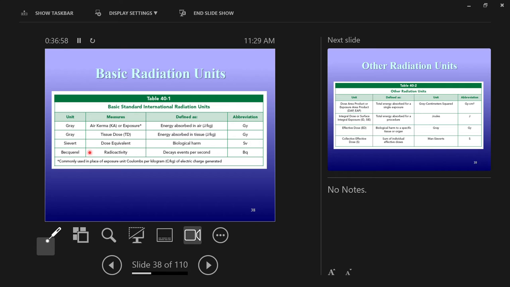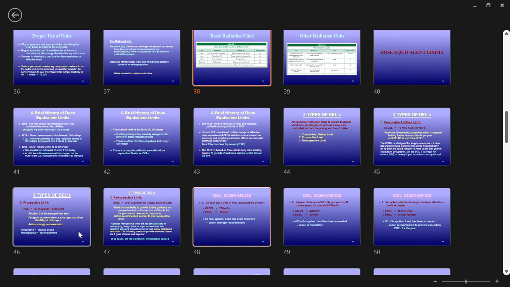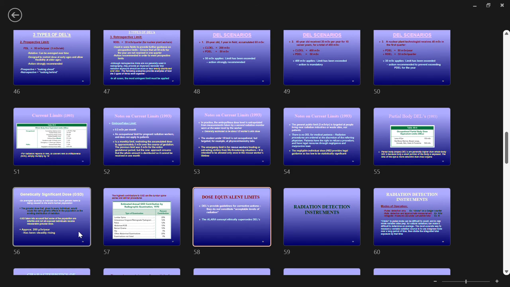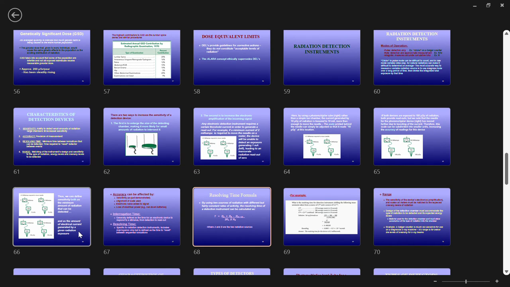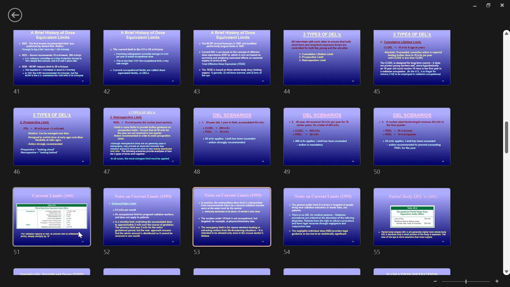The becquerel, used for radioactivity, gives us a rate: how many events are happening per second? So we've got our units of measure now. The gray and the sievert are the primary ones. If we talk specifically about radioactivity, alpha, beta, or gamma, we can use the becquerel.